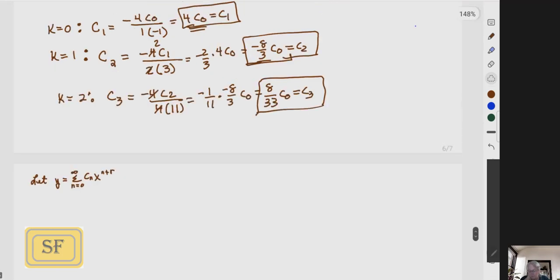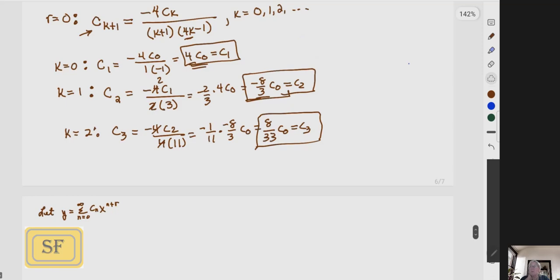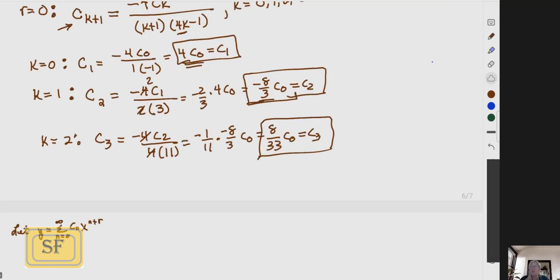In this case, r is 0, and so we just have c sub n x to the n. So this is just our power series solution. So r equals 0, which means that we get y equals c sub 0 plus c sub 1 times x plus c sub 2 x squared plus c sub 3 x to the third, and so forth.